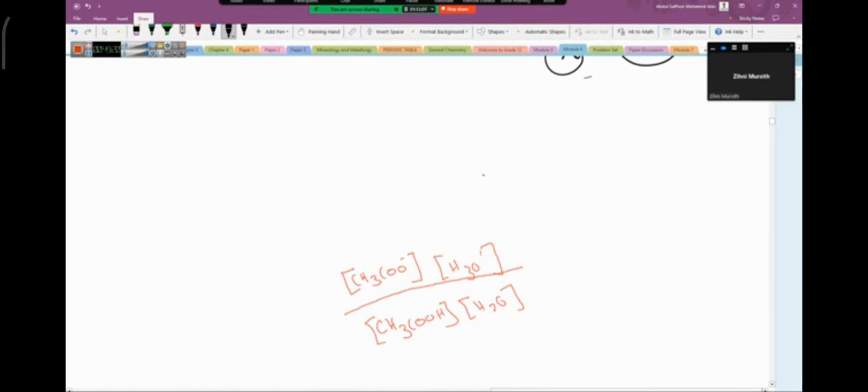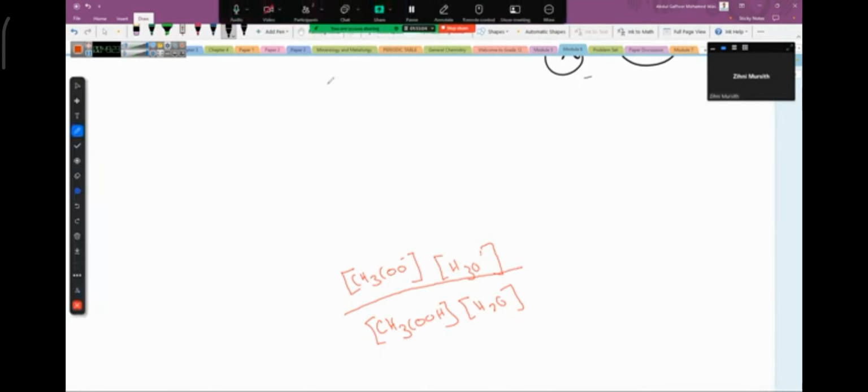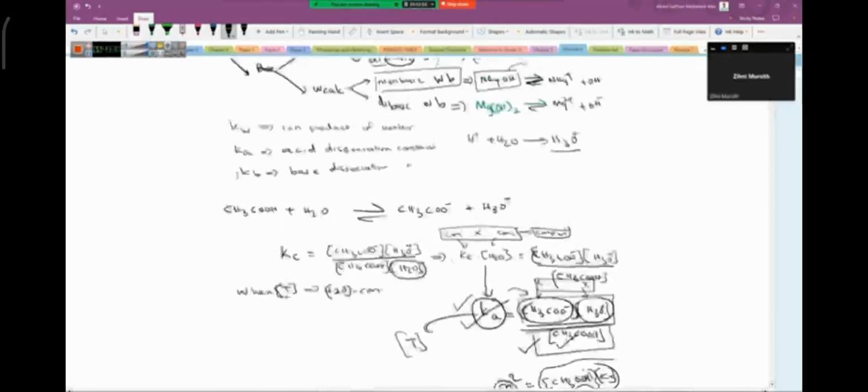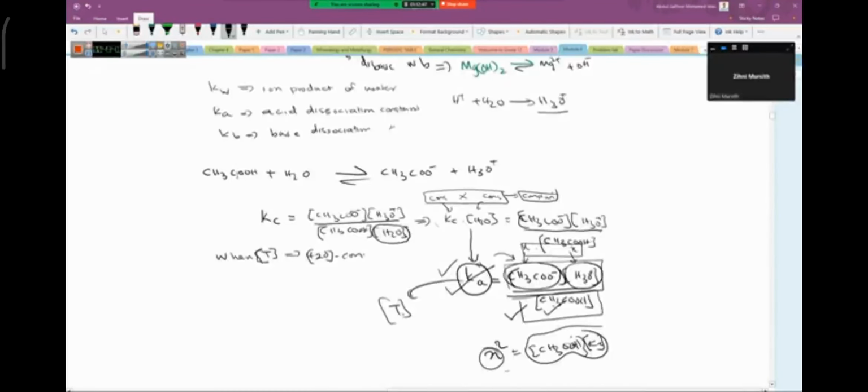Can you just erase this? Now can you write this equation down? Put the heading Ka, and write this down. You don't need to write these things down, they are not necessary.